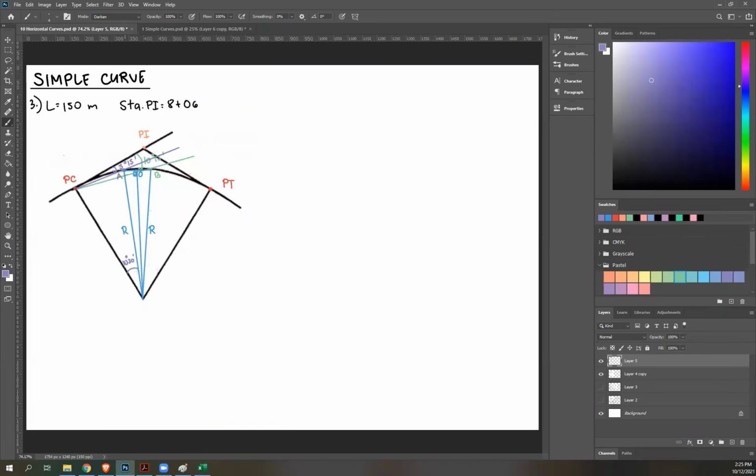So this is 5°15', double that is 10°30'. In similar fashion, the deflection angle from the tangent to B is 10°15', so the angle from this radius to that point is double that: 20 degrees, 30 minutes.